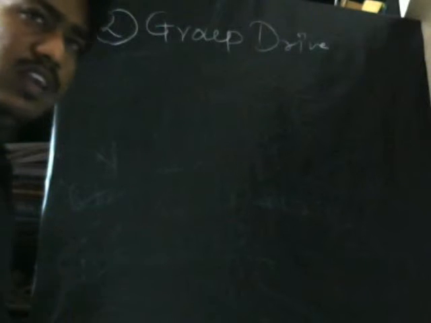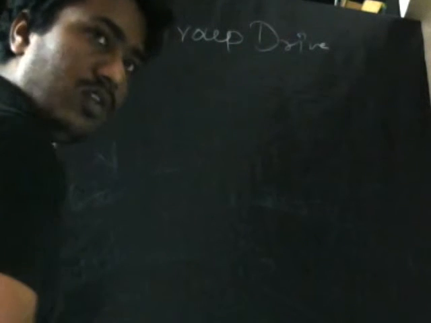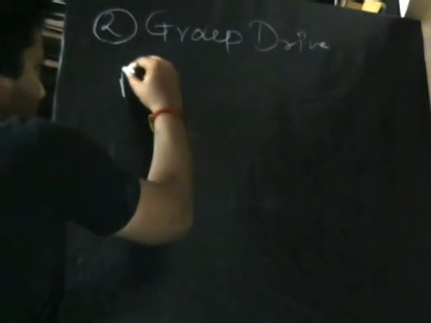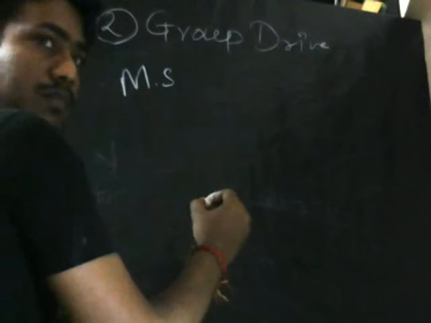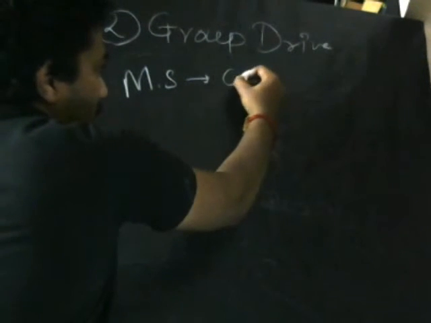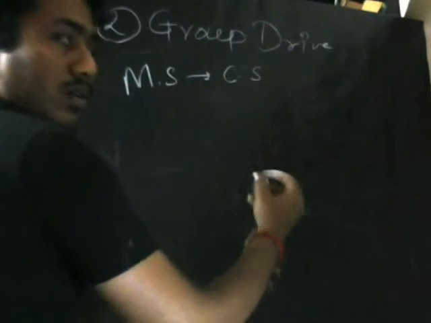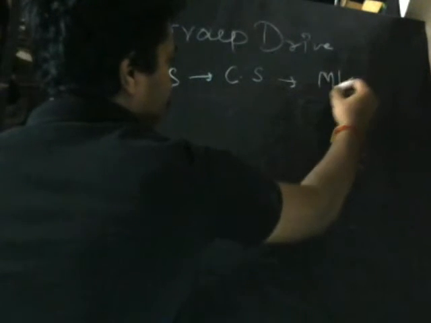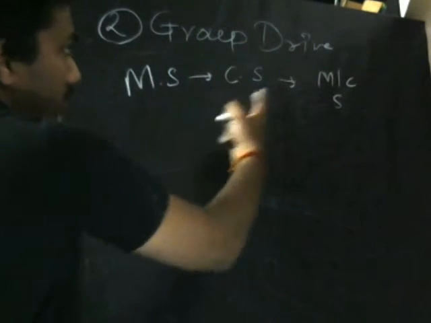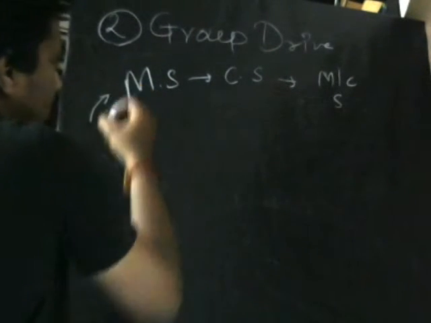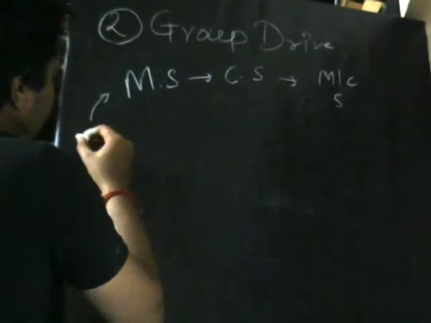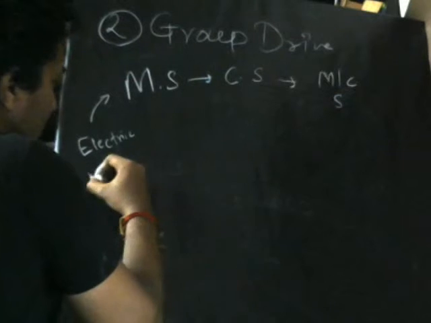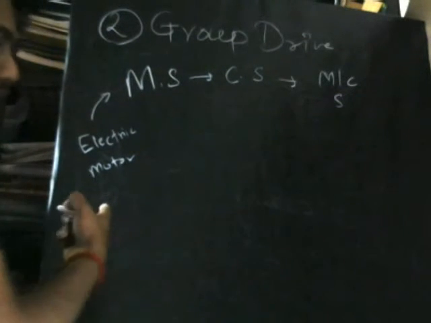I will write it. It is very easy to understand, but I will write. You can use it as notes. I will write MS for main shaft. We obtain power from main shaft to counter shaft, and counter shaft to machine shaft. Main shaft we provide power by electric motor, where we provide electric supply.